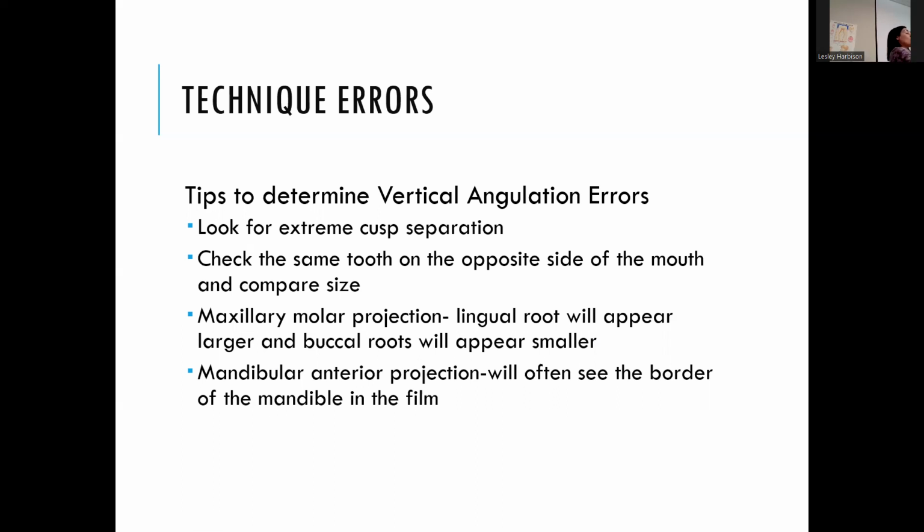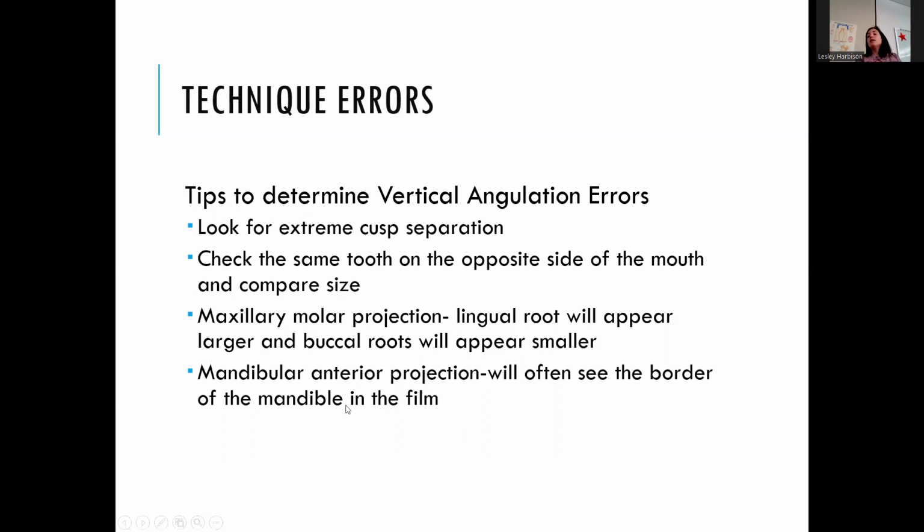The palatal root is oftentimes flared out more palatally, and the mesial and distal roots are more buccal, so they're closer to the beam being emitted from the target, closer to that primary beam than the palatal root is.